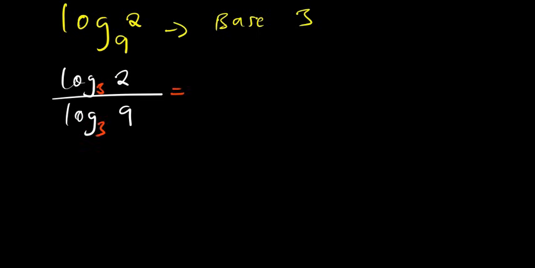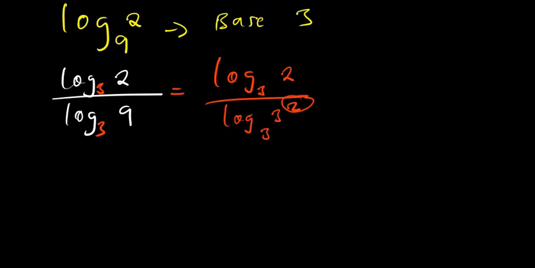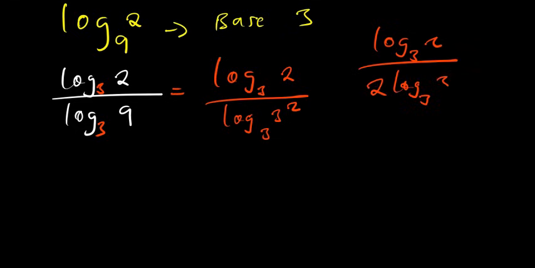Now the bottom part can be simplified further. Log base 3 of 2 on top. 9 can be written as 3 to the power 2. The property of log allows us to shift the power to come in front. So we'll have log base 3 of 2 on top, then 2 log base 3 of 3.